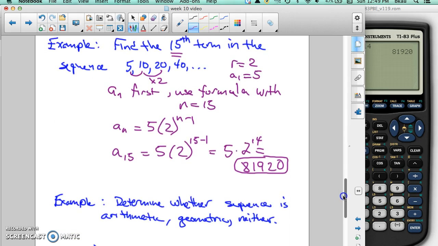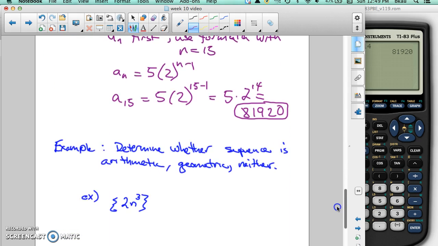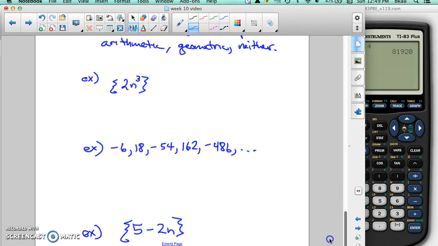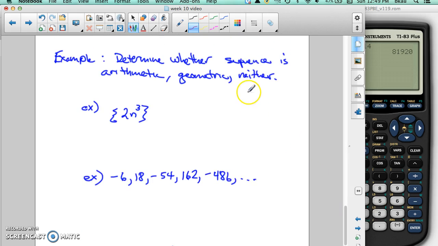All right, our next example is whether we can determine whether the sequence is arithmetic, geometric, or neither. This will be our final thing from this section. Last section we did arithmetic. This one we did geometric, and there are also some sequences that don't fit into those two categories. So when you're determining whether they're arithmetic, geometric, or neither, you want to look at the terms.